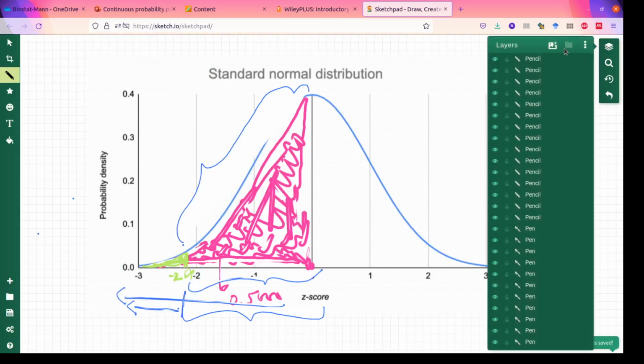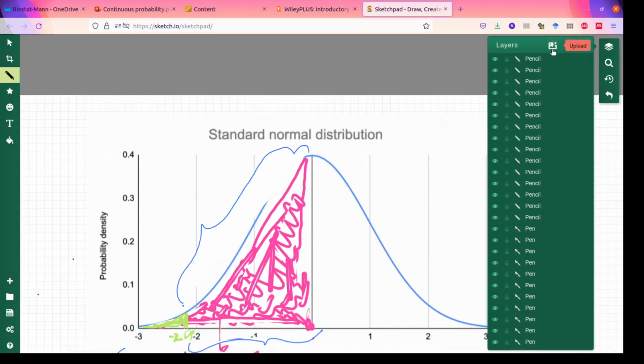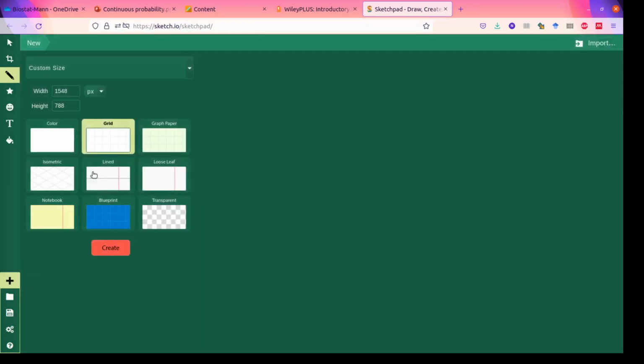So let's remove this pencil layer. Okay, I have a lot of layers. So let's just get a new one. So let's have a grid and apply.